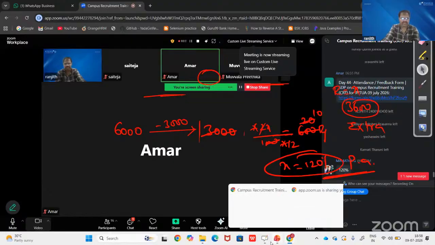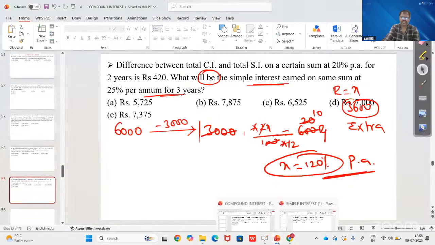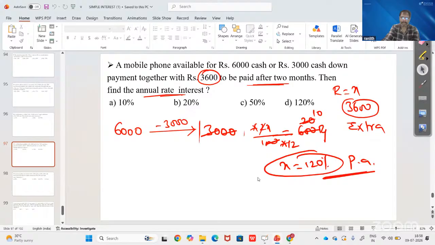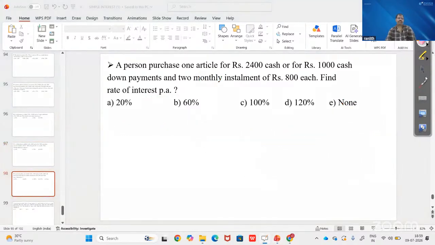Okay. We'll see the last question for today's class. Can you please find this one? A person purchased one article at 2,400 cash or 1,000 cash down payment and 2 monthly installments of 800 each. Find the rate of interest per annum.